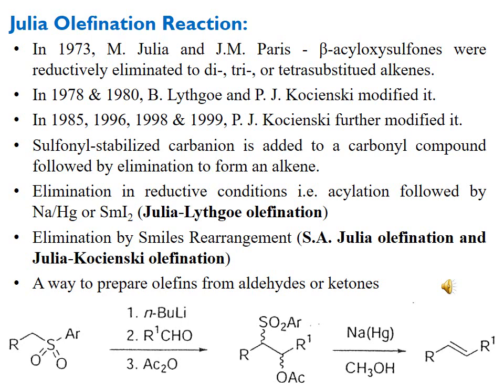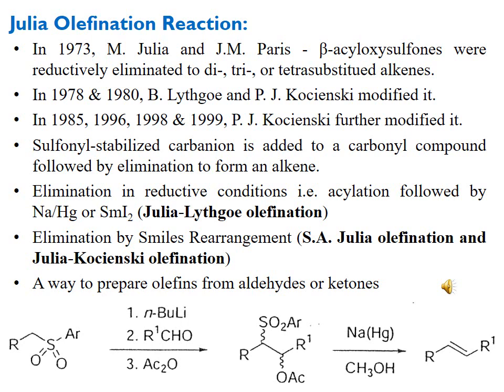Sulfones are first converted into sulfonyl-stabilized carbanions, and these are then reacted with carbonyl compounds to form alkenes. The elimination step to the alkene is performed in different ways, and the modifications made in the Julia olefination reaction differ in this step.